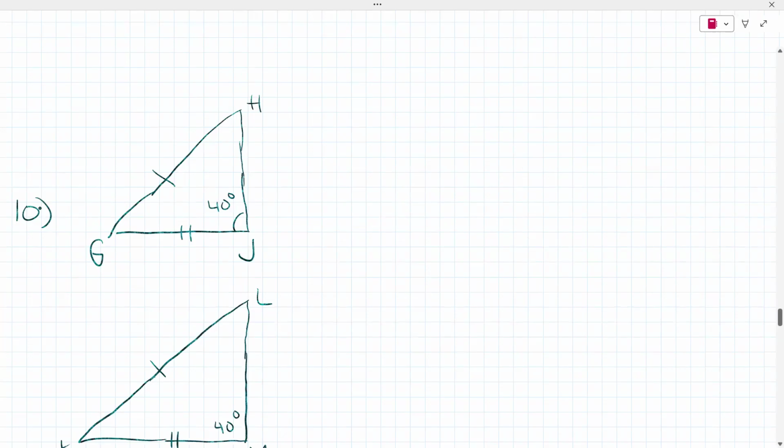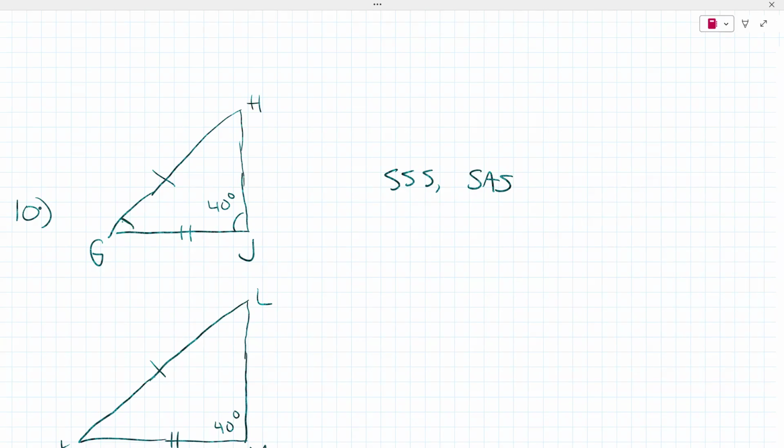Number 10, is this side, side, side, or SAS? I know it's not side, side, side because they don't have all three sides, but we have an angle. Now, is this angle between the two side lengths? No. It would have worked if it was here, right?